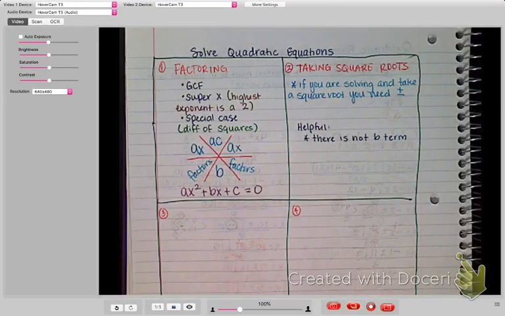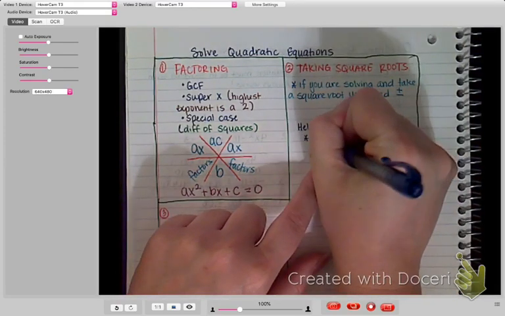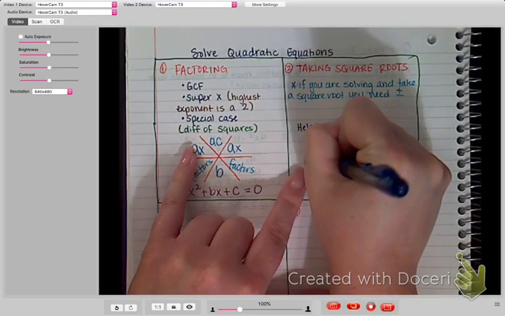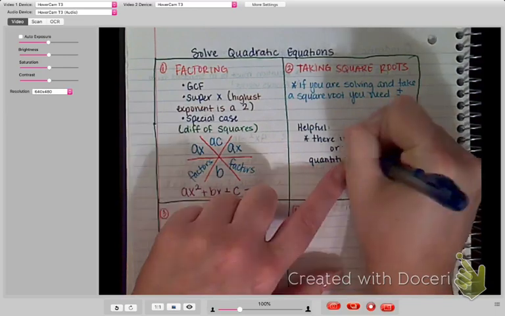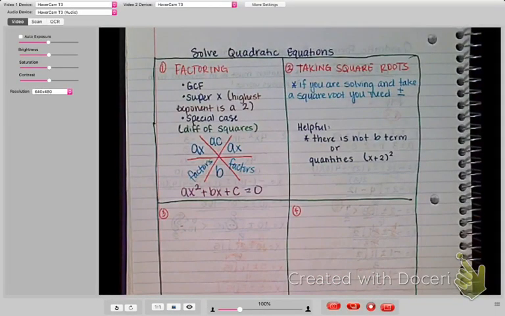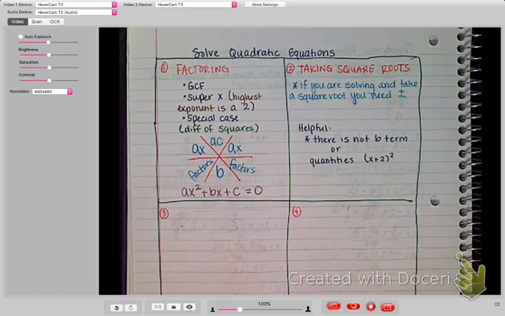If there's no B term, taking square roots might be the best option for you. Or if you have quantities, that looked something like x plus 2 squared. You can multiply that out to put it in standard form, but if you have a quantity or there's no B term, it might be beneficial to just take square roots.